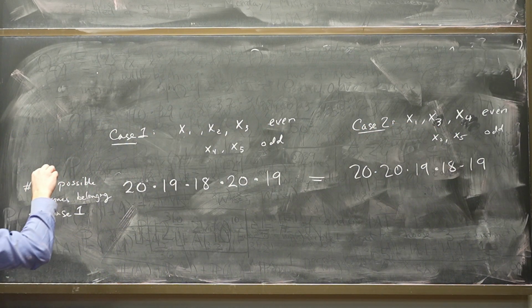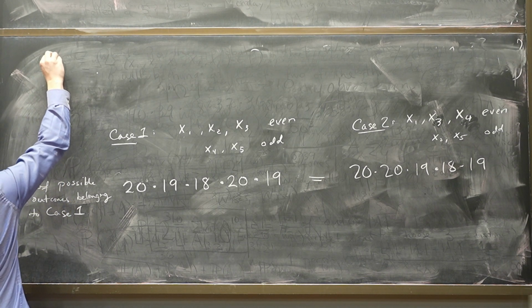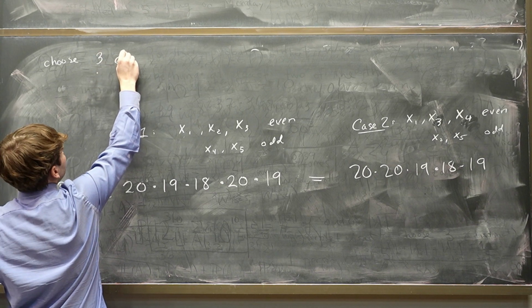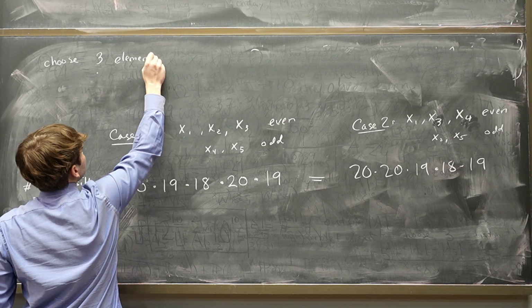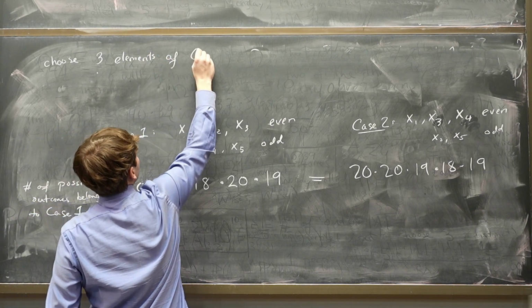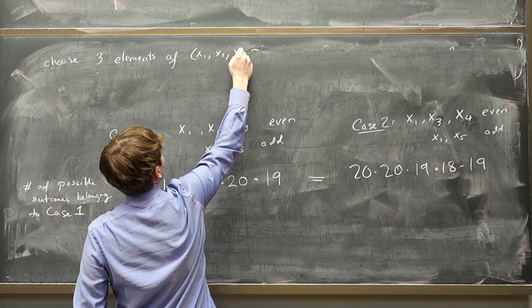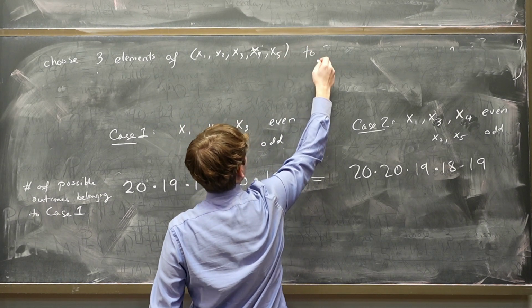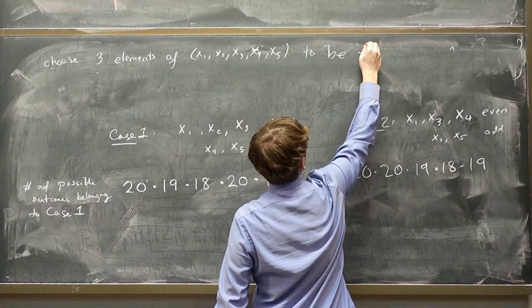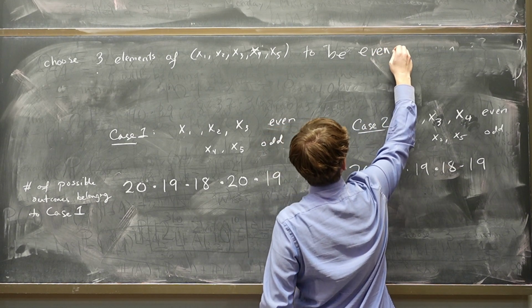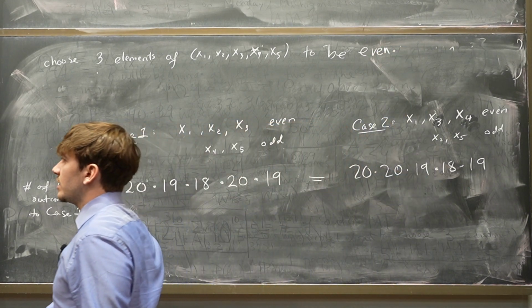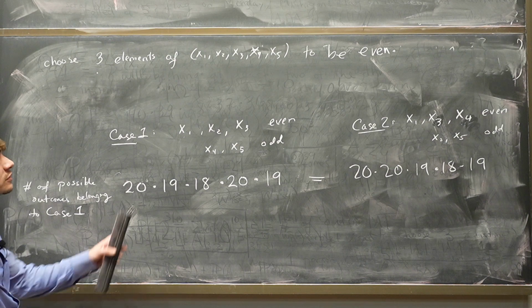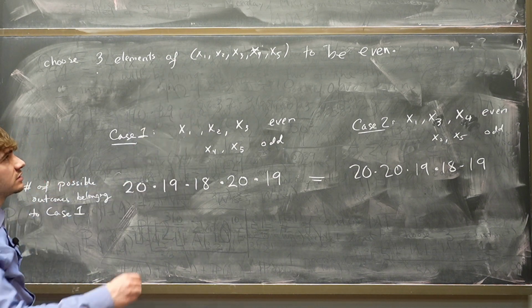And so if I choose 3 elements of x1, x2, x3, x4, x5 to be even, okay? So how many ways are there to do this? Well, for my first choice of my element, I have 5 choices.